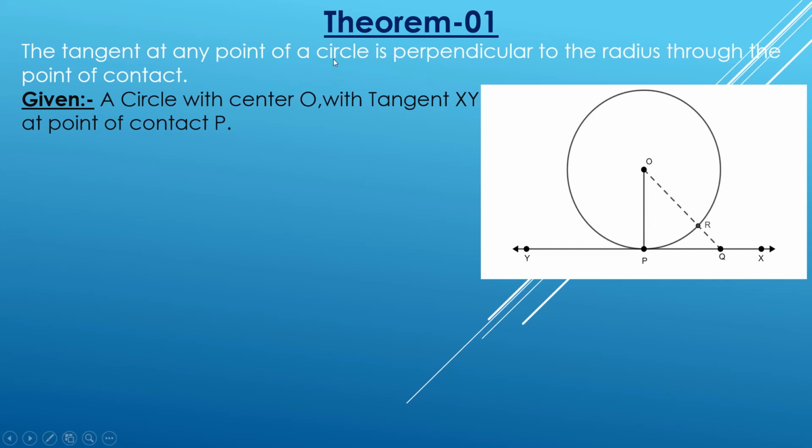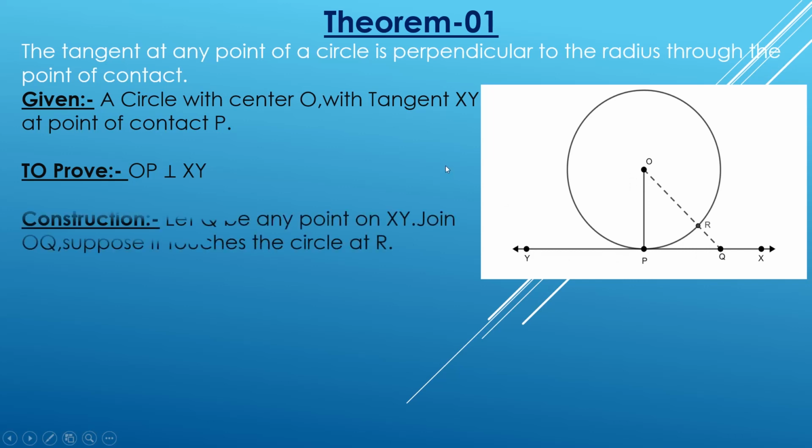By observing the given statement, we have to prove the tangent XY is perpendicular to the radius OP. That means we have to prove OP is perpendicular to XY. To prove this statement, we have to make some construction.